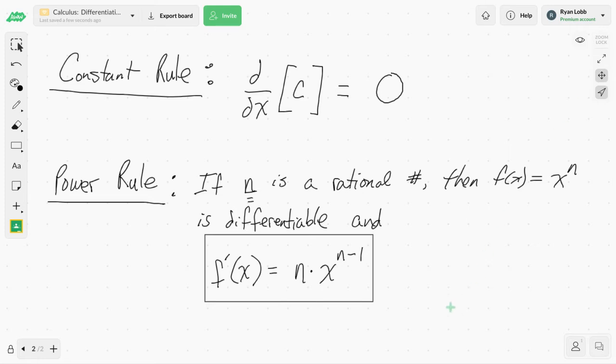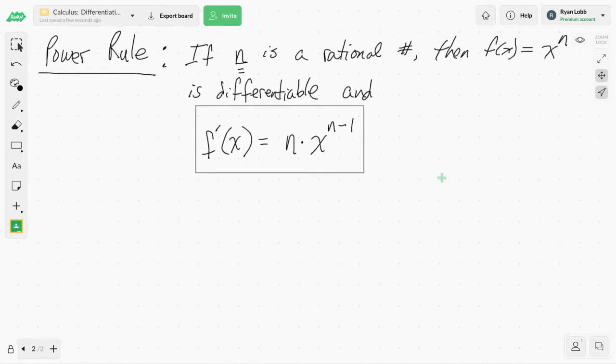So let's look at how we use this. Keep in mind here we have x to the nth power, and then here's going to be our derivative. Let's do a couple examples quickly. The first one, our function f of x is x cubed, and I want to know what f prime of x is.